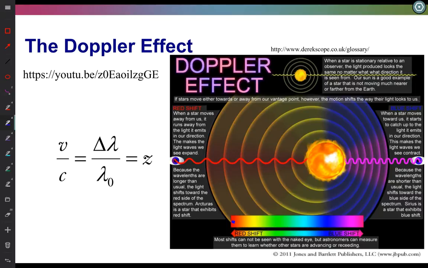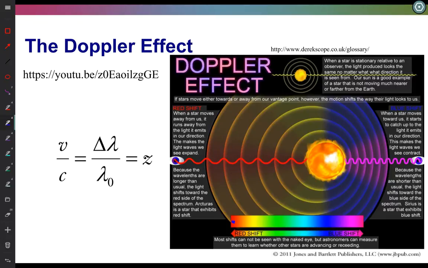And so we call it a red shift if something's moving away. If something's moving toward you, it's shifted toward the high frequency side of the spectrum. We call that a blue shift. So when we talk about Doppler shifts, we'll talk about a red shift or a blue shift. Red shift means it's going away from you. Blue shift is coming toward you.